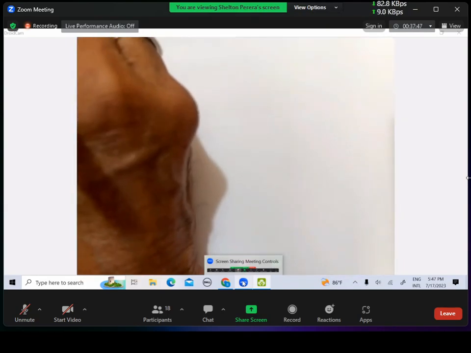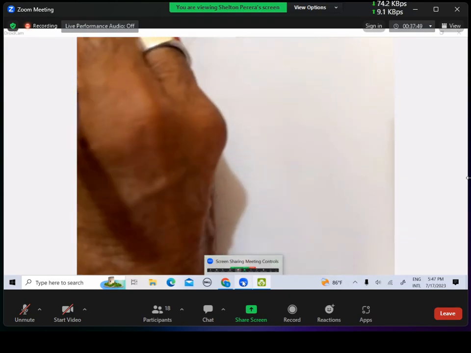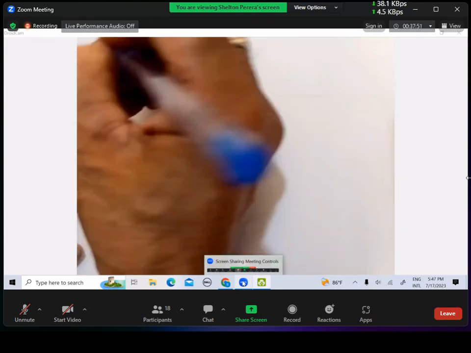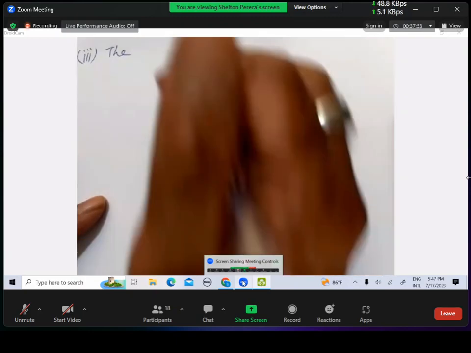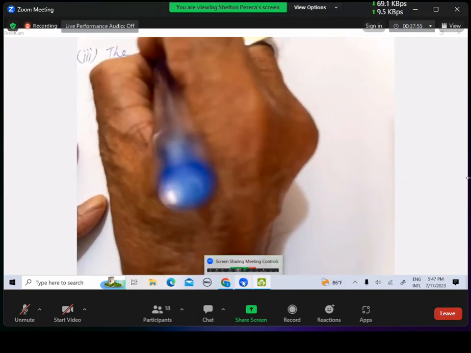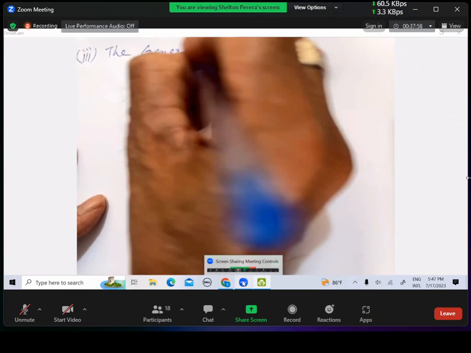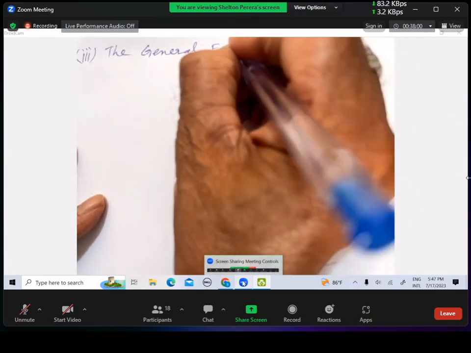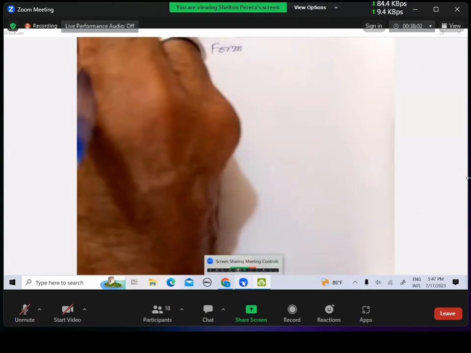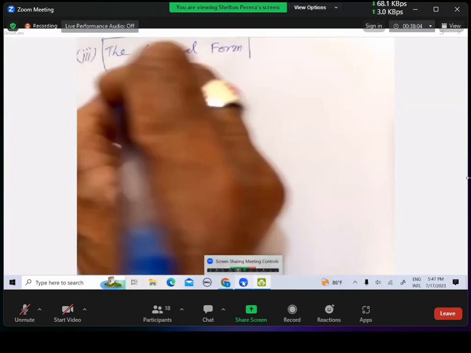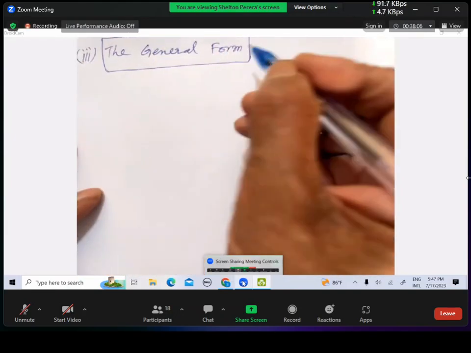Third form, straight away, the general form of a straight line. We are doing forms of straight lines.